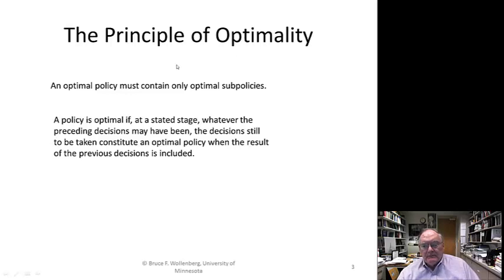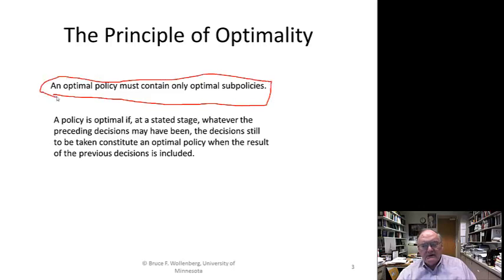The principle of optimality says that an optimal policy must contain only optimal sub-policies. Well, we'll show you what that really means in our context here.